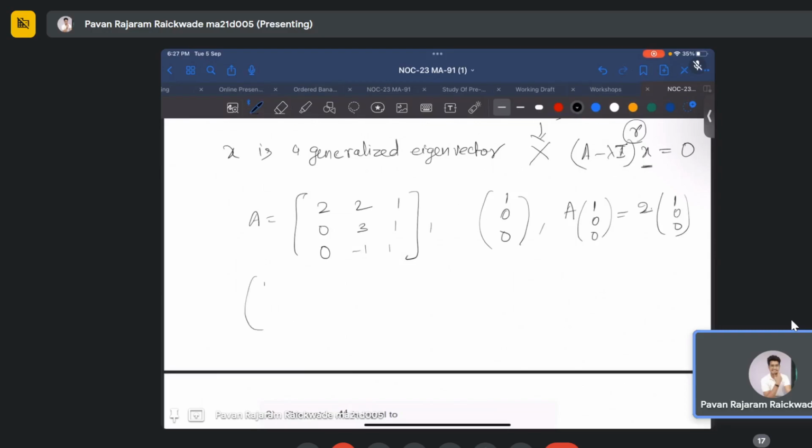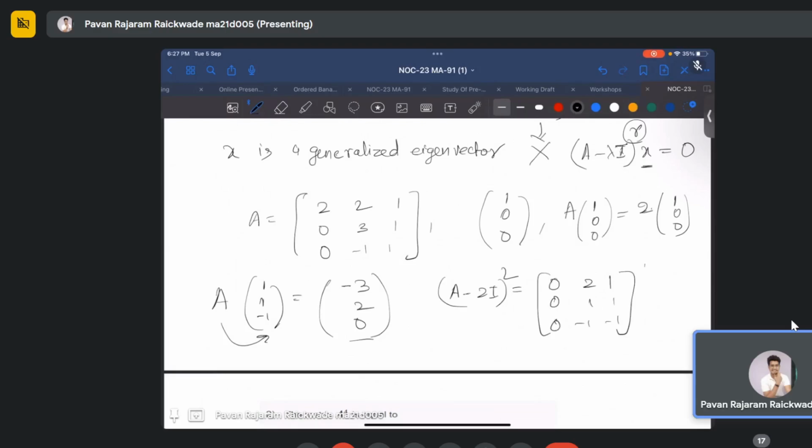But the other vector that we chose as a generalized eigenvector, 1, 1, minus 1, if I compute A times (1, 1, minus 1), what will I get? 2 plus 2 minus 1 is 3, 3 minus 1 is 2, and minus 3... this is no longer an eigenvector, because Ax is not the same as 2 times x. So that's the difference. But if I compute (A minus 2I) squared, what will it be? A minus 2I will be 0, 2, 1, then 0, 1, 1, 0, minus 1, minus 1, squared.